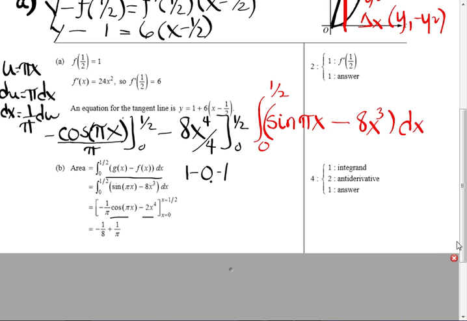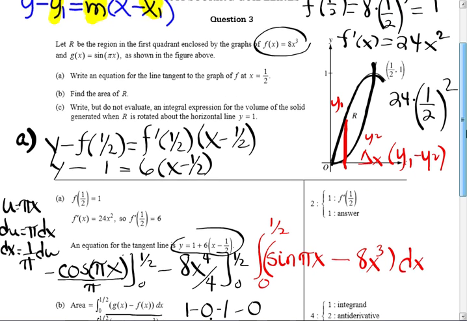Because you miss this point, you're going to miss this point too. But for A, what was the answer? It's right here. Oh. I did y minus 1. But once you put in your values, it's okay. You don't have to find the cosine of pi times 1/2. And that was 6 points out of our problem.